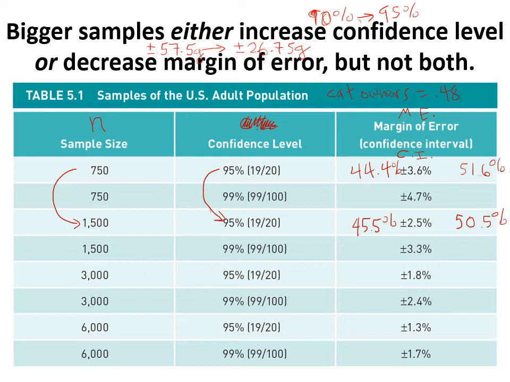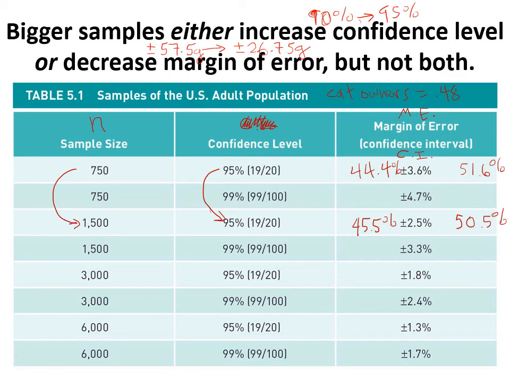And so this confidence interval, this margin of error, is narrower, and so it's more precise. So the variation between the upper and the lower bound is smaller. So this happened as here we just doubled the sample size, right?